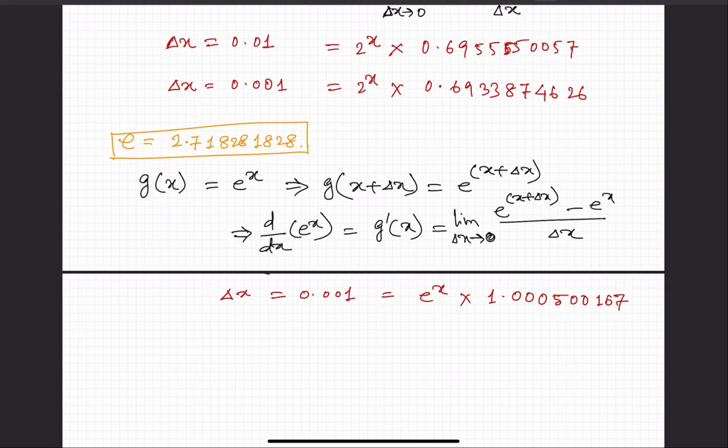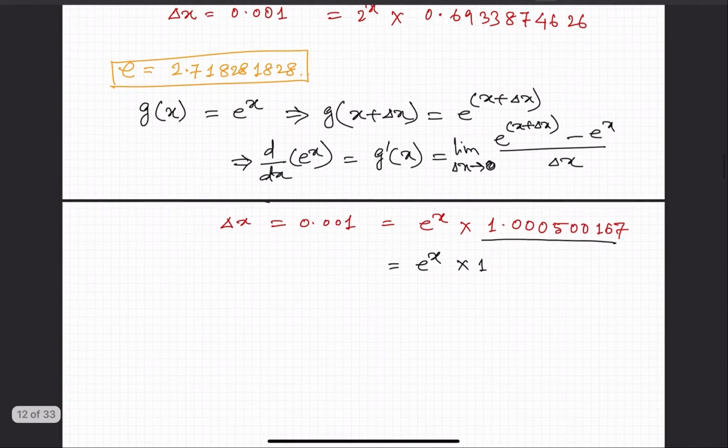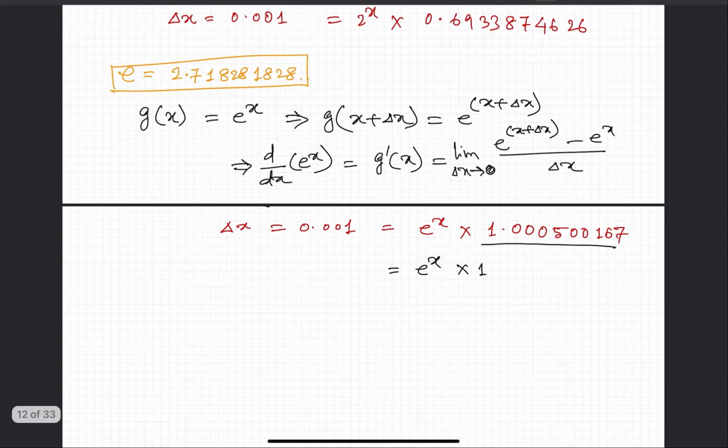In this way we can see, if we take more close values of del x to 0, we would ultimately get this value. It would approach 1 as del x approaches 0.